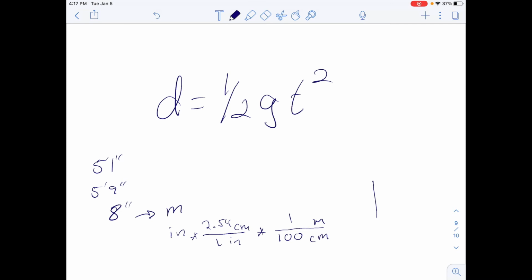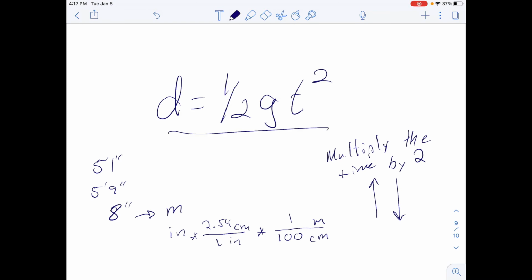The hang time is not just for the up, but also for the down, and therefore we need to multiply the time that we find by 2 after we use the time that we've solved for here. I hope that helps you in your lab.